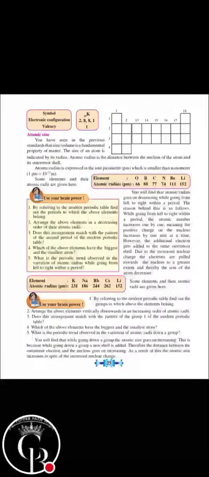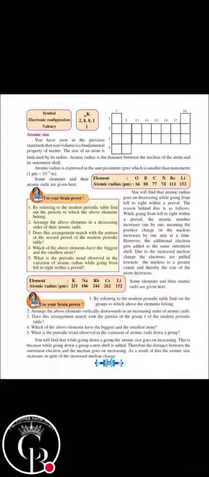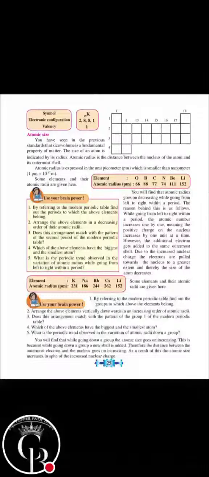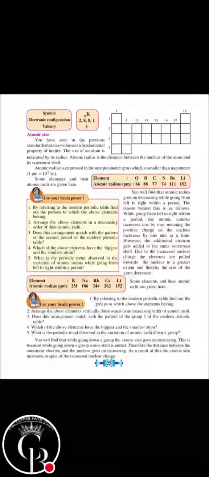Atomic radius is expressed in the unit picometer, pm, which is smaller than a nanometer. Atomic size depends on the number of shells of an atom. The more the number of shells, the larger is the atomic size.